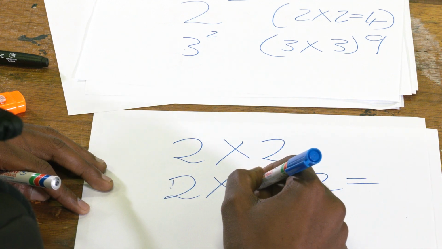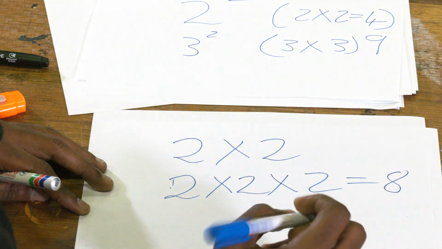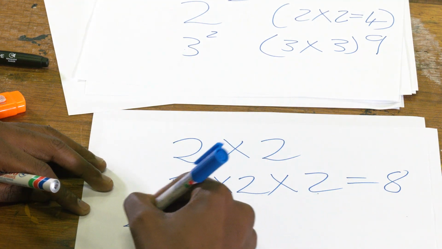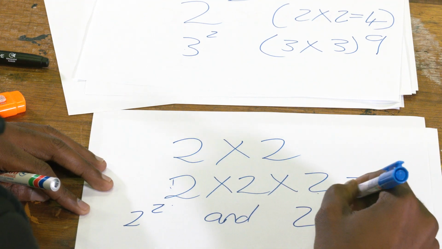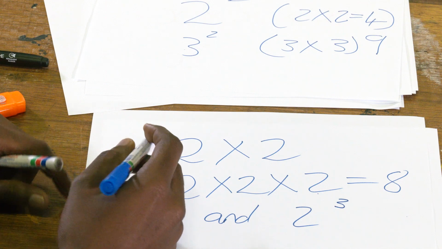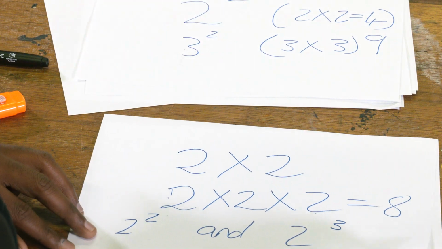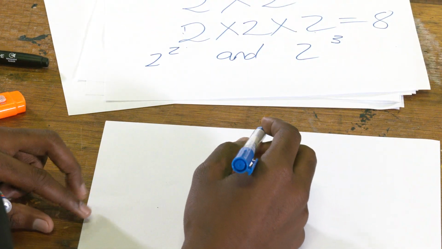So 2 multiplied by 2 is 4. 4 multiplied by 2 is then 8. So you must learn the cubed. So 2 squared and 2 to the power of 3. So please learn all those all the way through, because those might come in your exam. And yeah, so let's do a few examples.